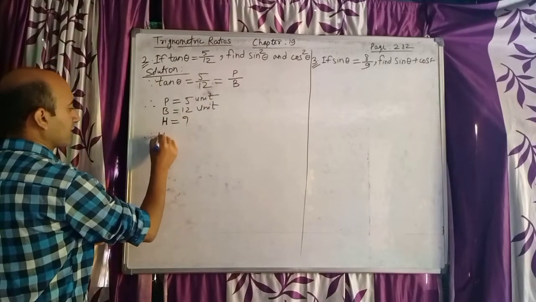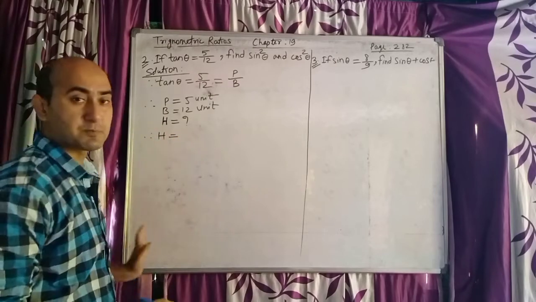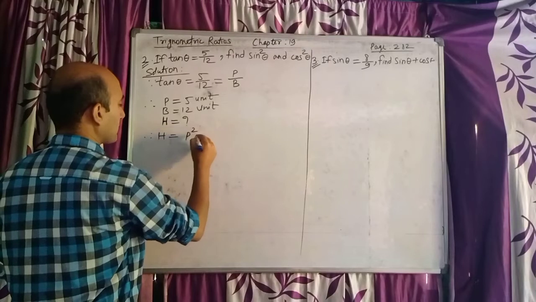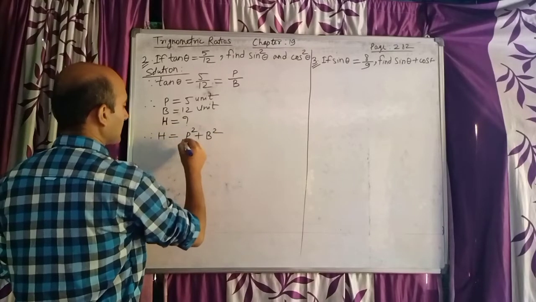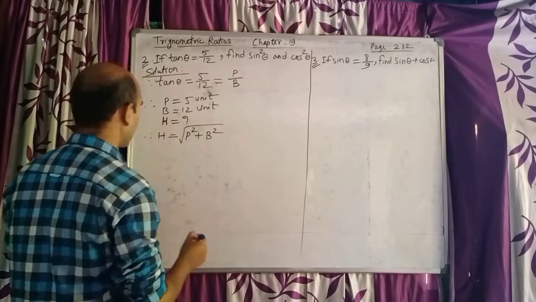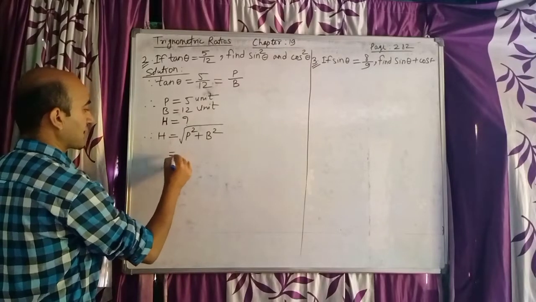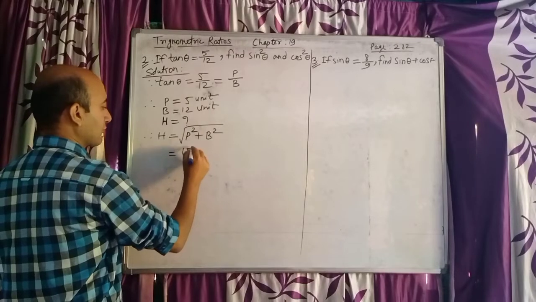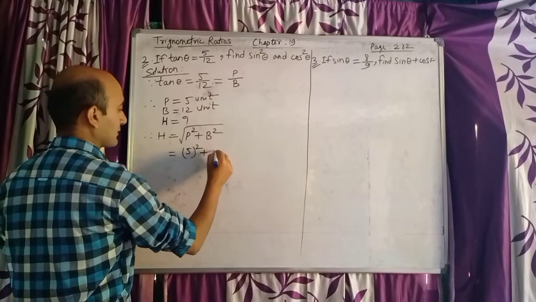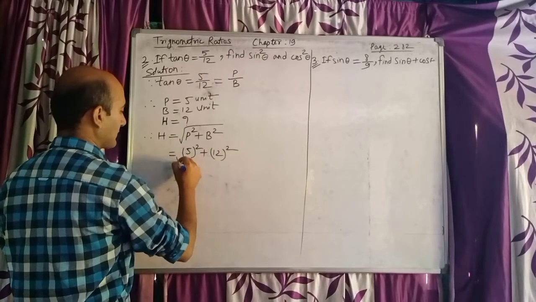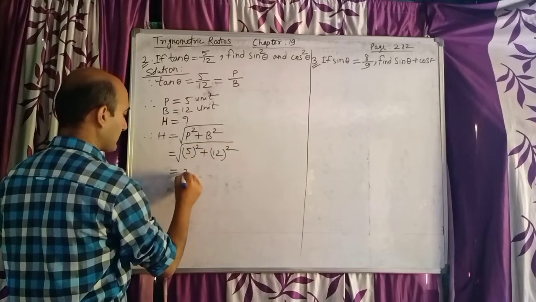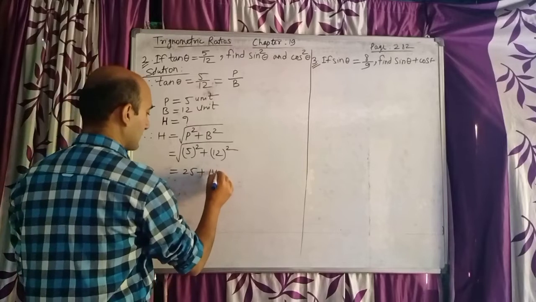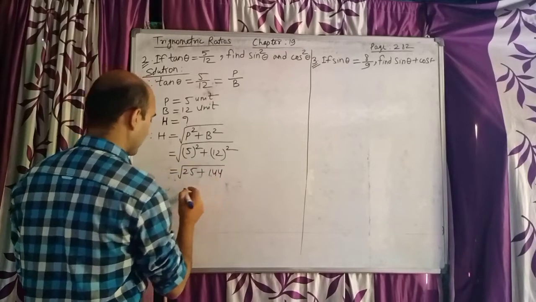Therefore the hypotenuse formula as per Pythagoras theorem is h equal to square root of p square plus b square. Let us find the value of h, putting the value of p and b, that is 5 square plus 12 square. 5 square is 25, 12 square is 144.